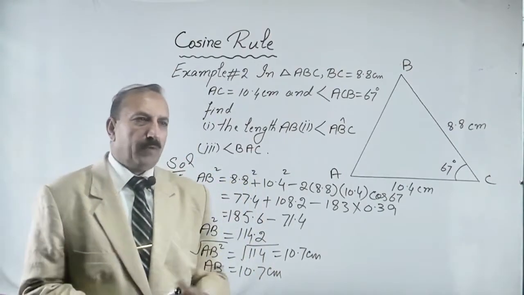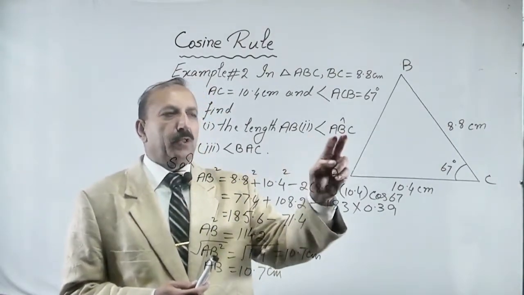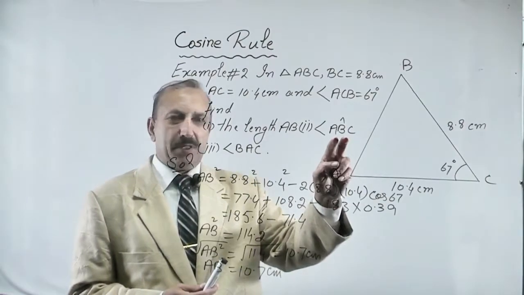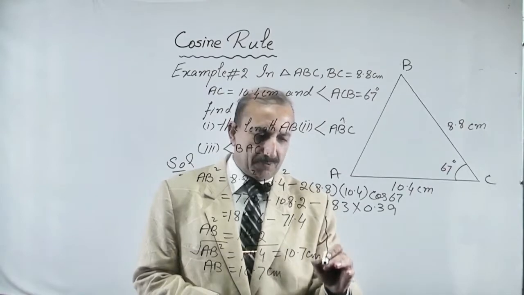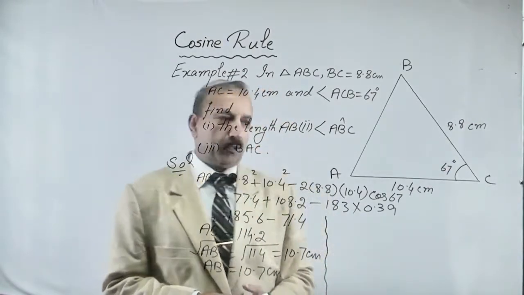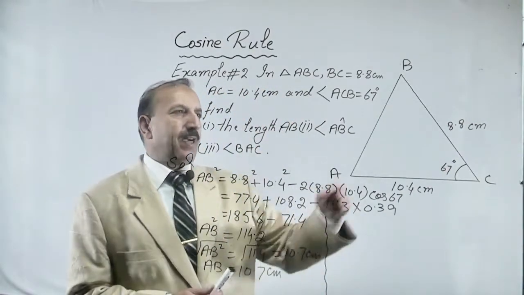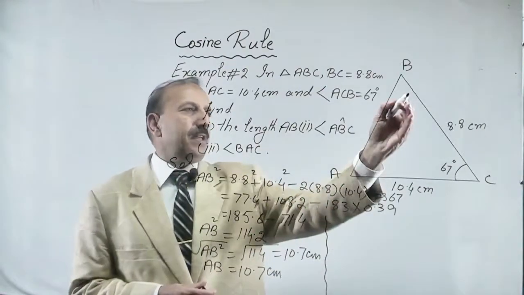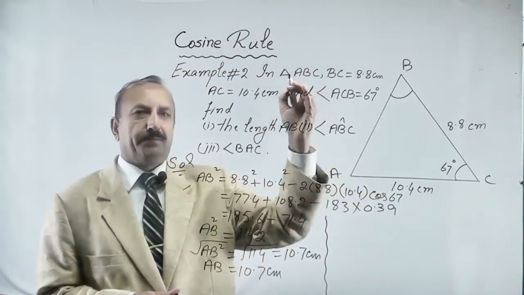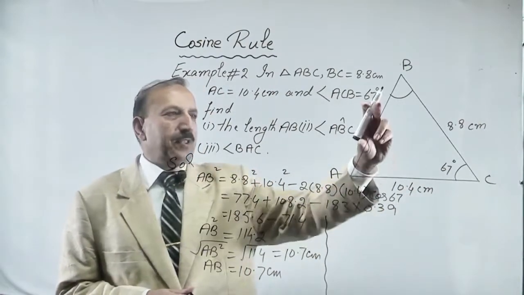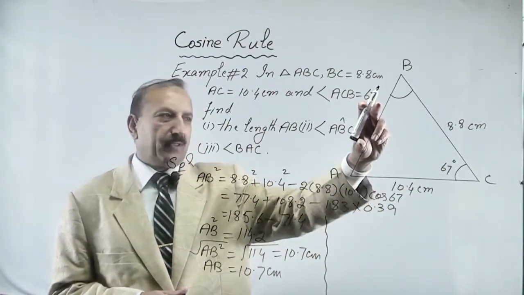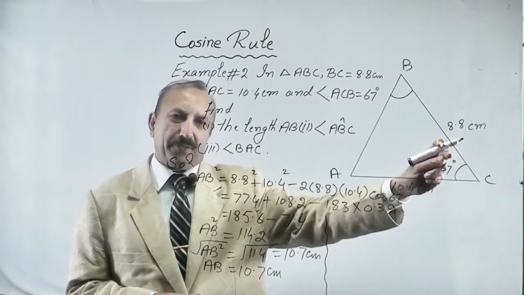Now, we will see part B. We are supposed to find angle ABC, my dear. Let's work for it. We can use the sine rule because we want to find this angle. This angle we want to find and its respective side is present. This side we have found is 10.7, and its respective angle is given.